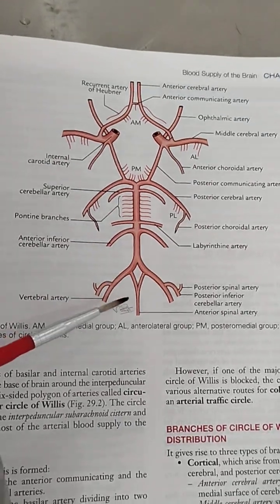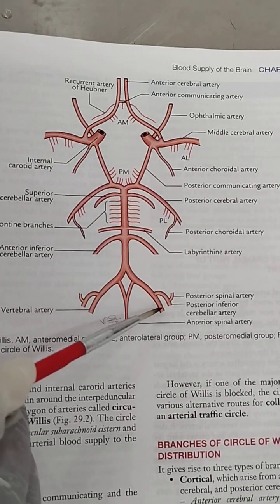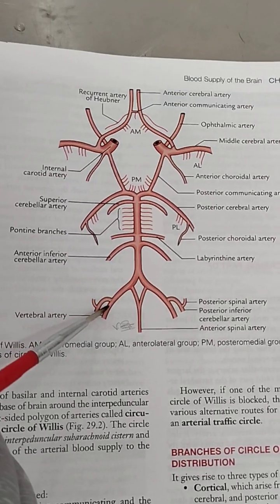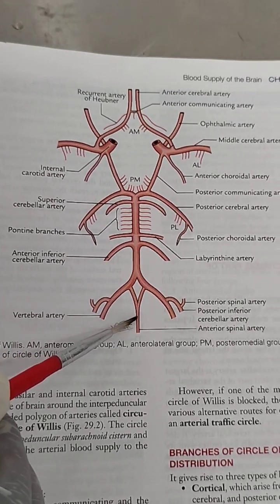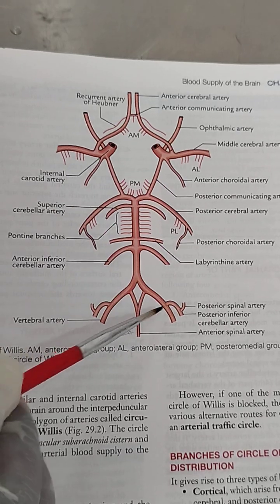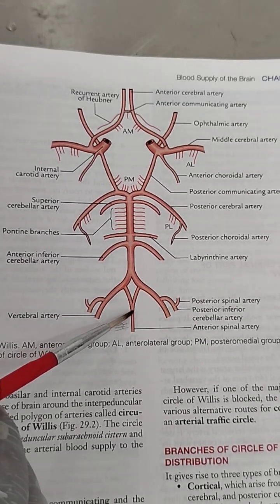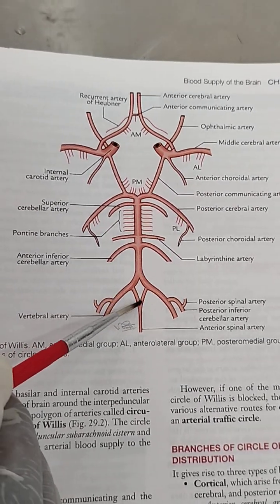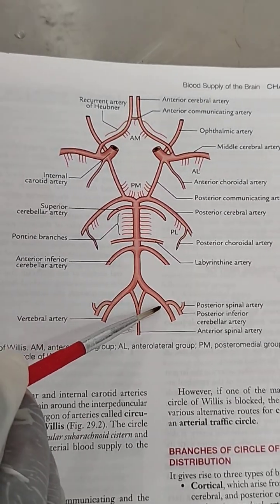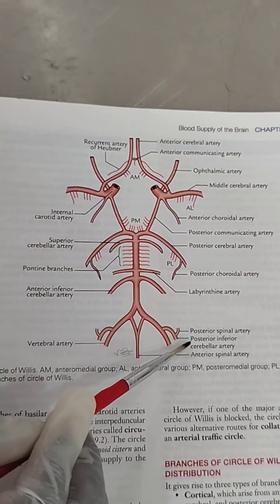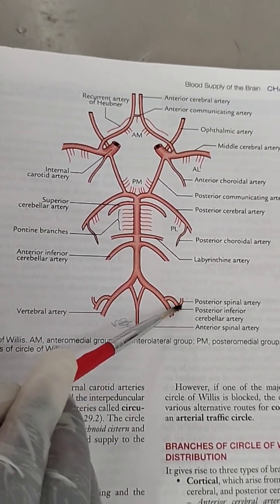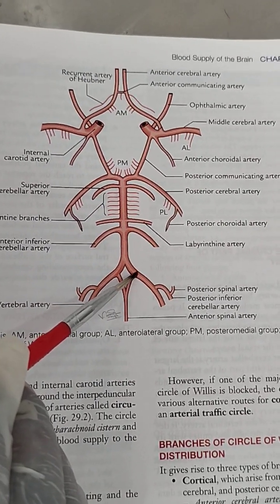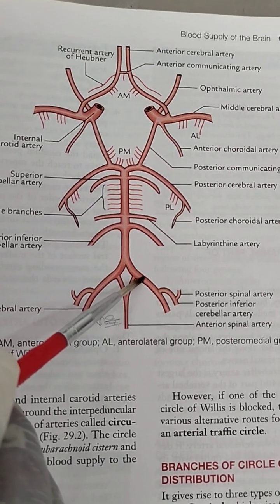See in this other diagram. These two are the vertebral arteries. These vertebral arteries give branches. See here, the anterior spinal arteries and posterior spinal arteries. These two spinal arteries supply the spinal cord. The vertebral arteries also give a branch, the posterior inferior cerebellar artery, to supply the cerebellum, and also give branches to supply the medulla oblongata.